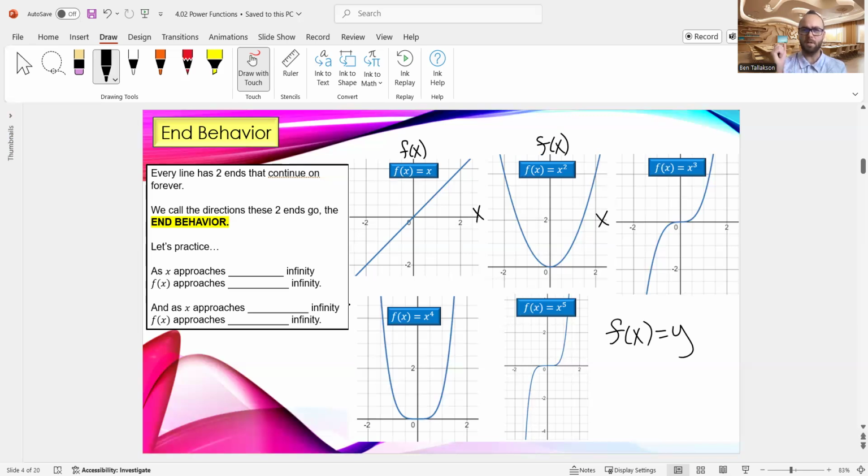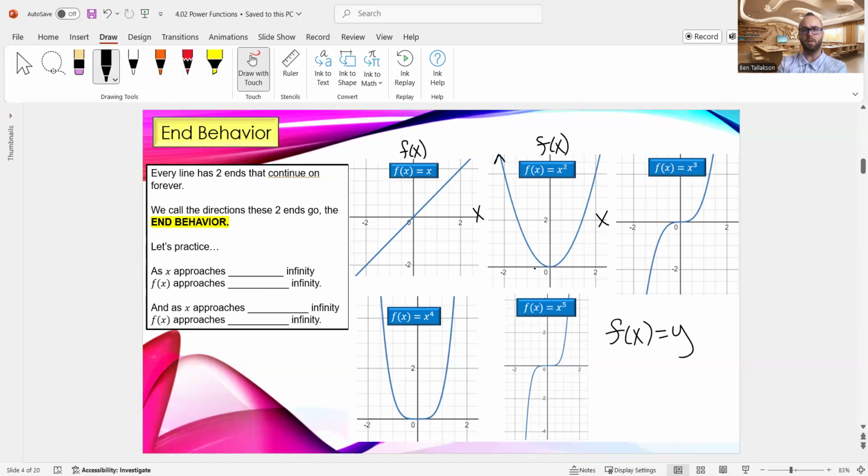That's true for all these graphs, but let's just practice one of them for now. So this is end behavior, and this is the way we're going to word it. This first set of words is just for one end. So I'm going to focus on this quadratic, and I'm just going to focus on this end right here. We're going to fill in the blank. It says, as x approaches blank infinity, f of x approaches blank infinity. So as x approaches what?